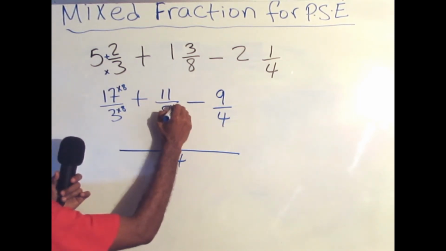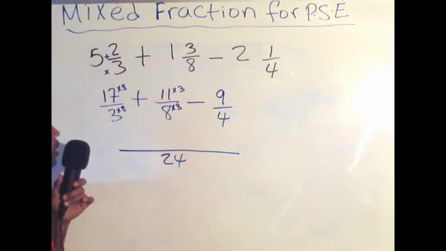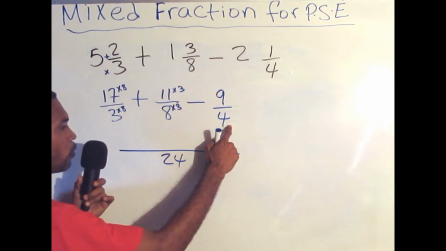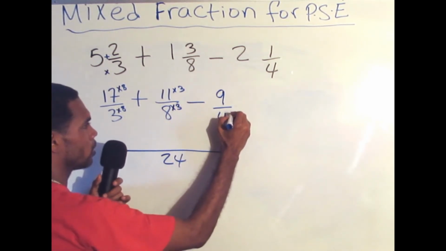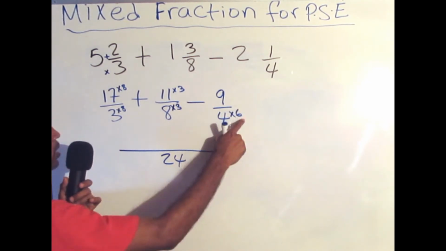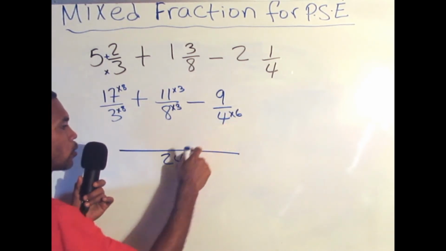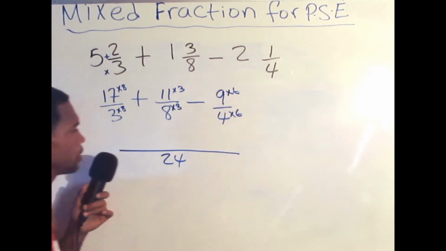It's 8 times 3, so I carry up my times 3. I do the same for my 4. What can I multiply 4 by to get 24? It's 4 times 6, and we know that 6 times 4 is 24. So I carry up my times 6.